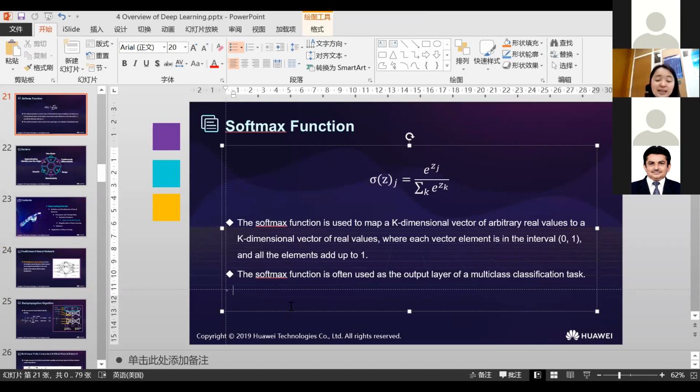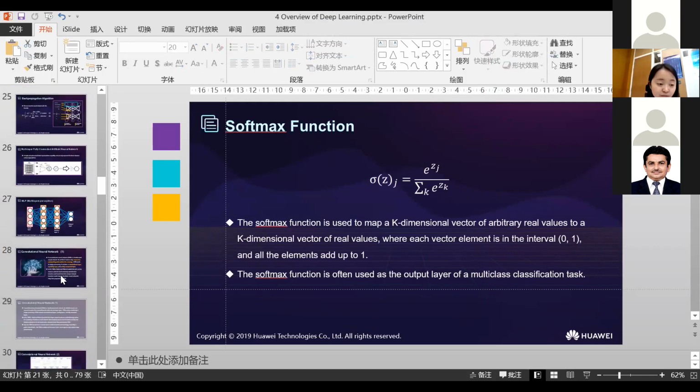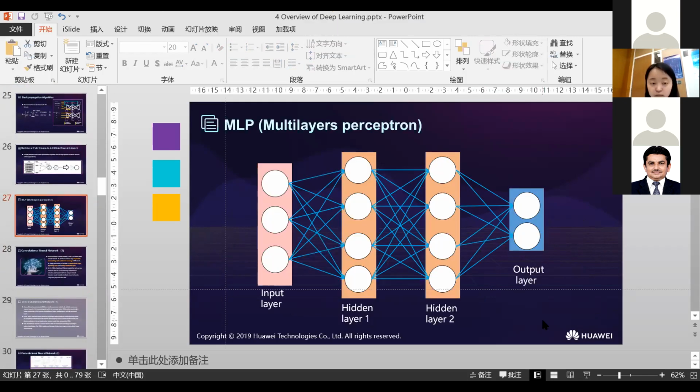So it depends on the number of classes we have in the data. But for binary classification, we may have one neuron.